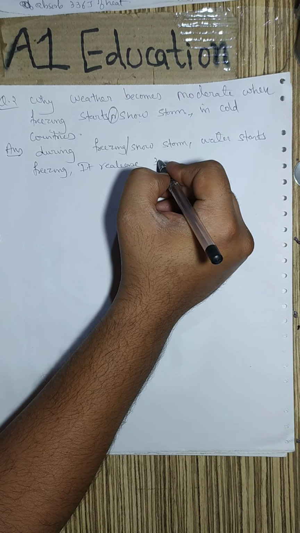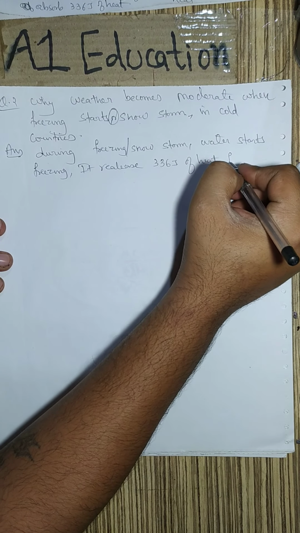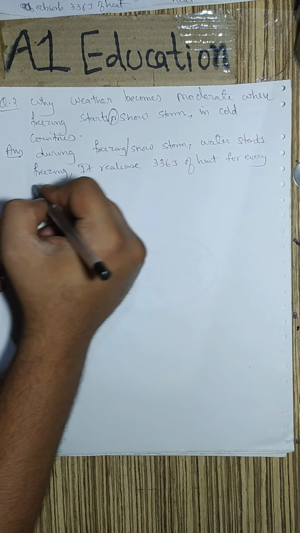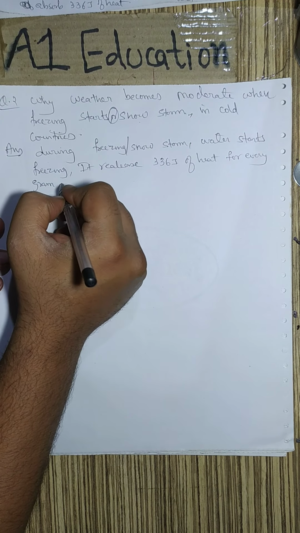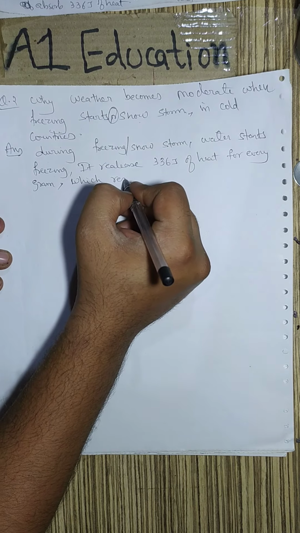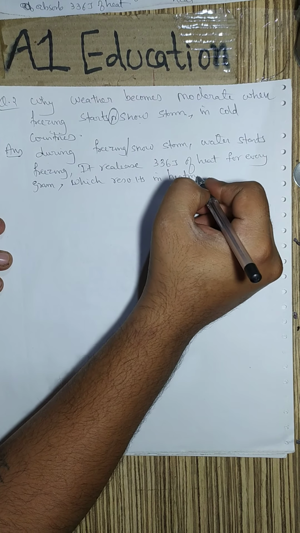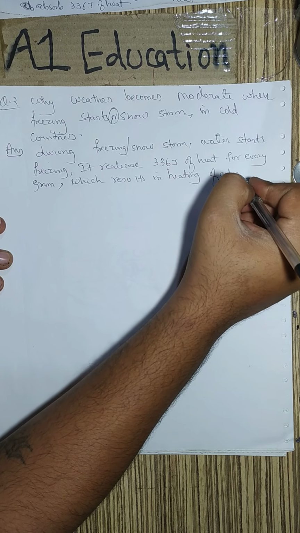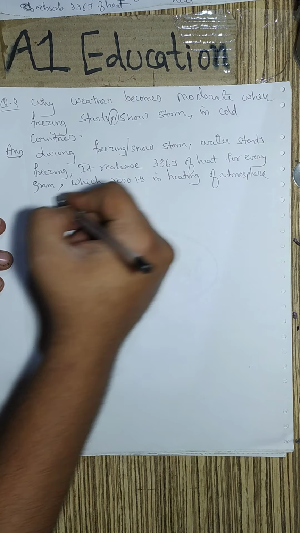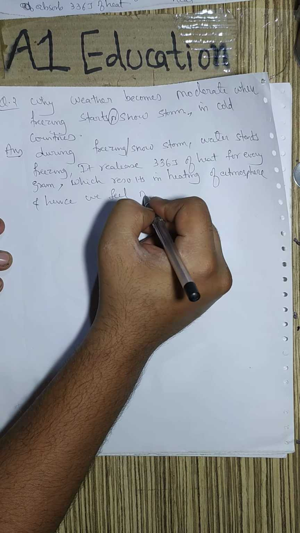It releases 336 joules of heat for every gram, which results in heating of atmosphere, and hence we feel moderate.